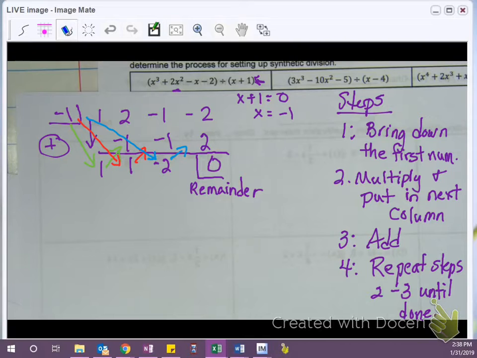Now, let me explain how to get what your answer is. This first row right here was the function x cubed something. It was a third degree function. Then we divided that function by an x. So what is x cubed divided by x?